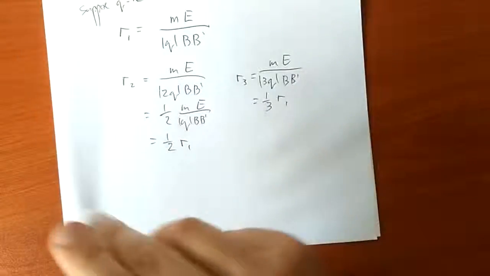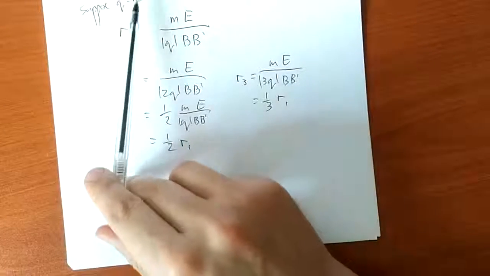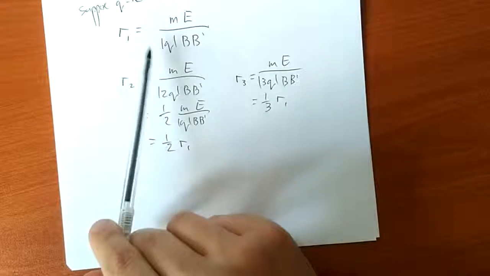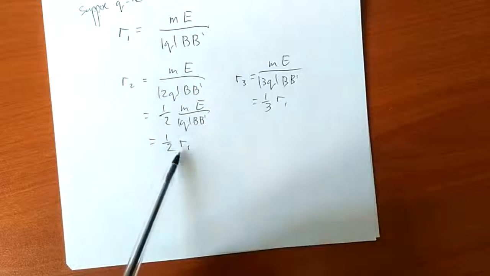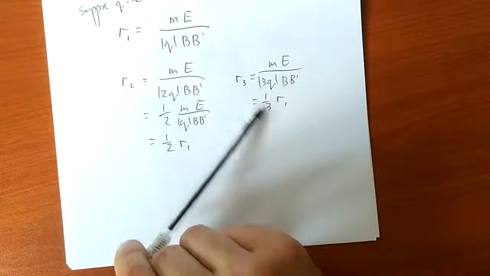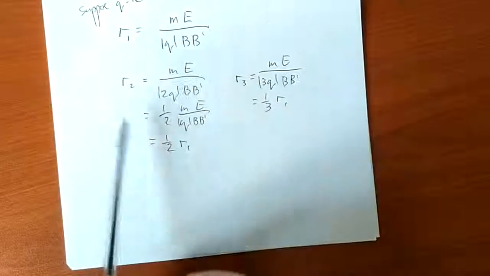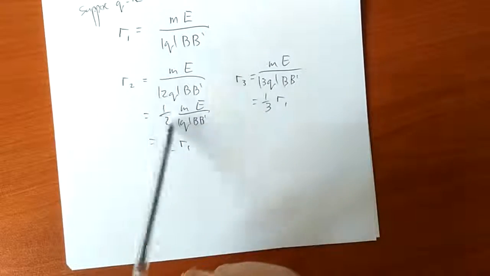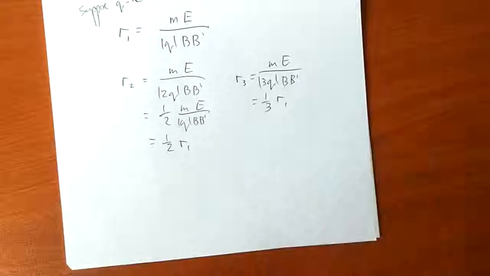So if you have 3 kinds of atoms, one with the elementary charge, another twice that, another 3 times that, then the second one's radius would be half of the first one's radius, and the third one's radius would be a third of the first one's. The distance between the second and the third would also be significant. Not as big, but the distance between a half and a third isn't nothing. It's a sixth.